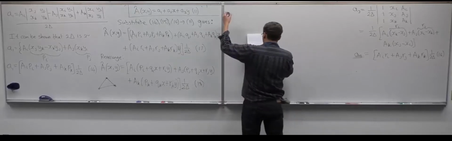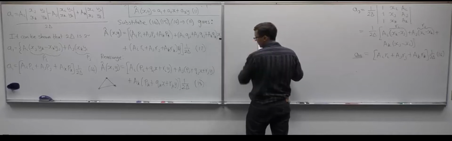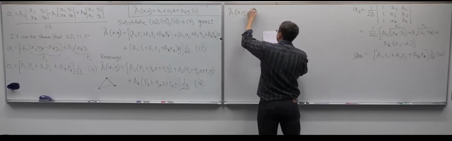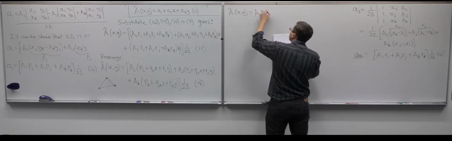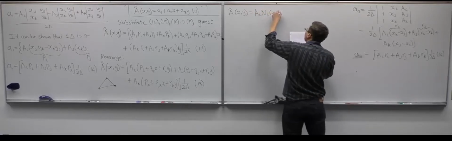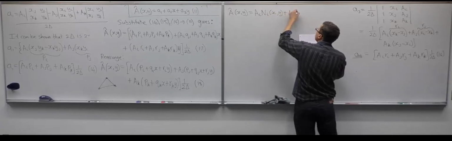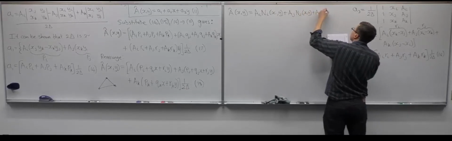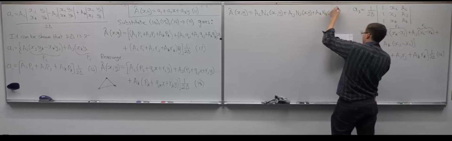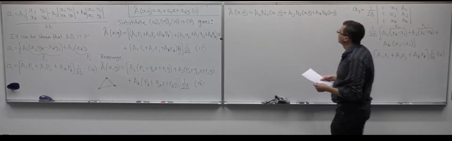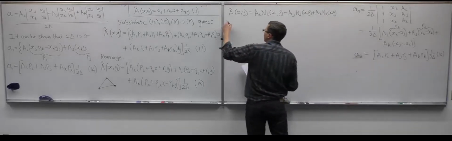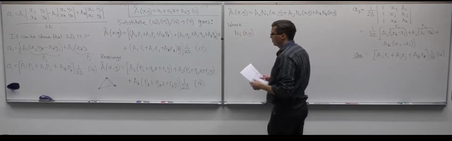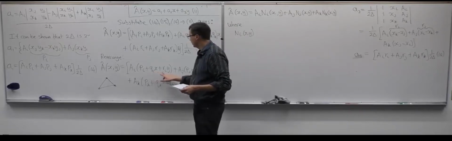So we could write out that A hat is equal to Ai Ni(x,y) plus Aj Nj(x,y) plus Ak Nk(x,y), like that, where the Ni is equal to the Pi plus Qi x plus Ri y.